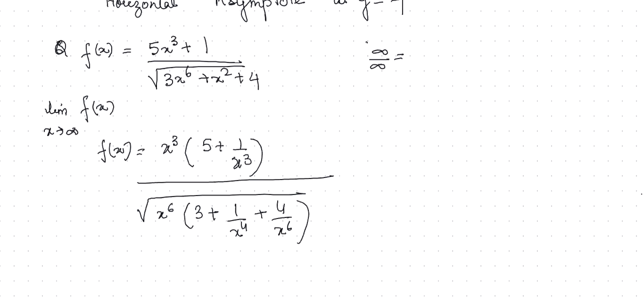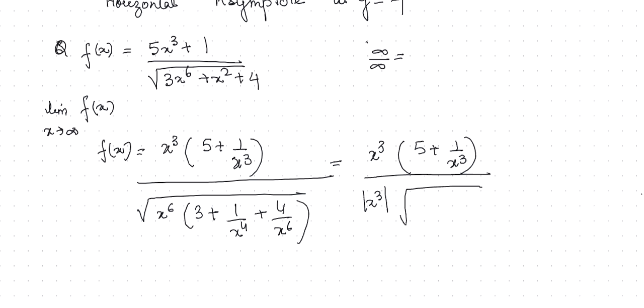So this would give x cubed times 5. Here we take out the square root; square roots are always positive, so we need the absolute value bars here so as to make sure that this gives a positive number.